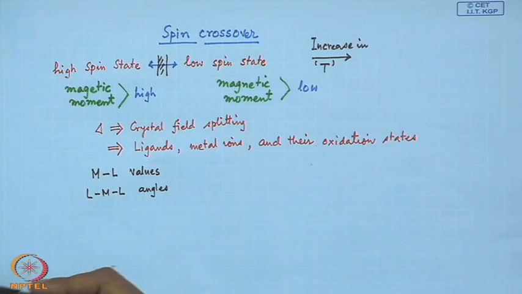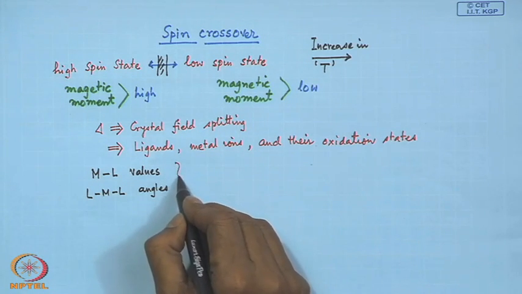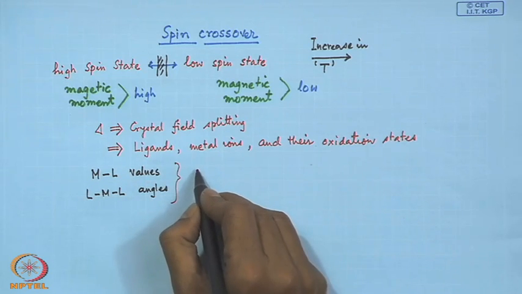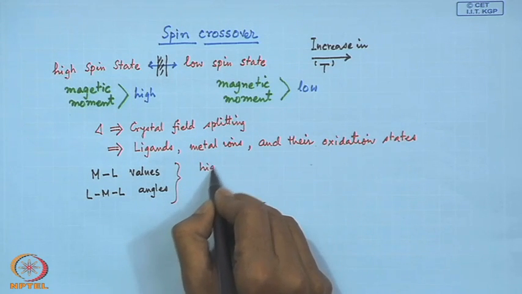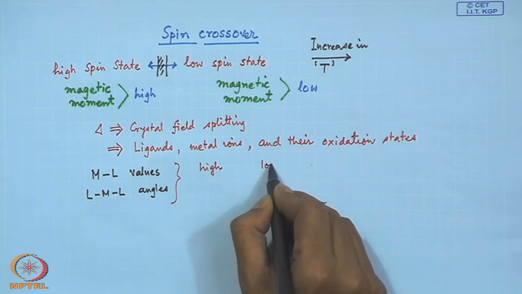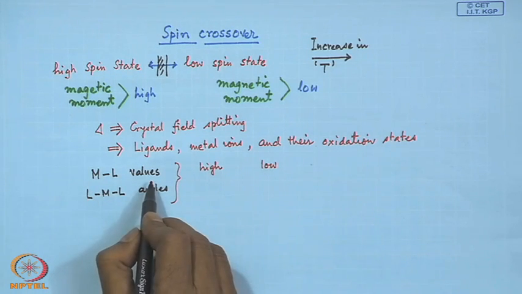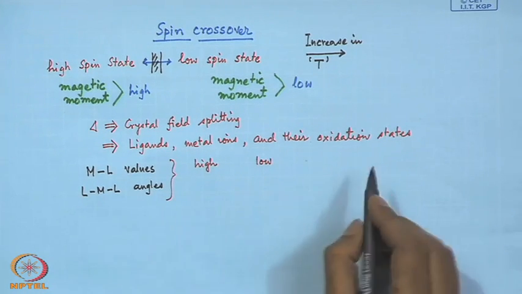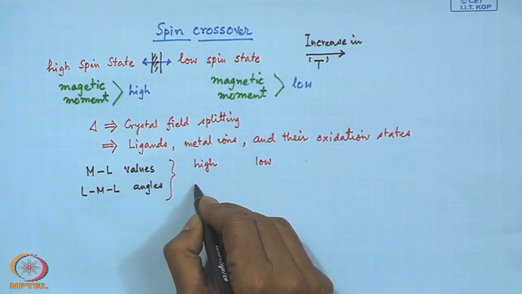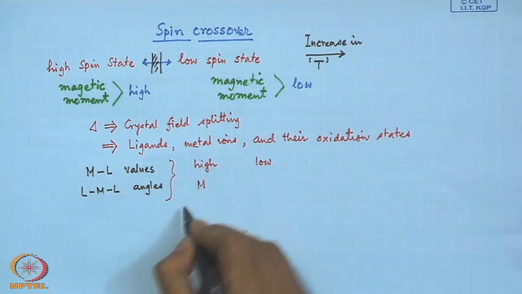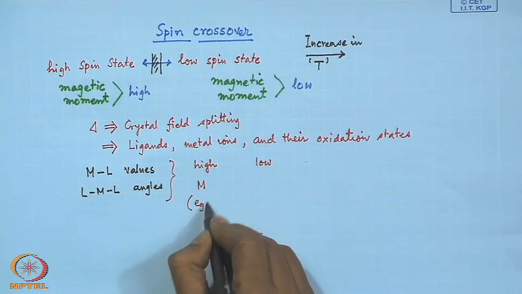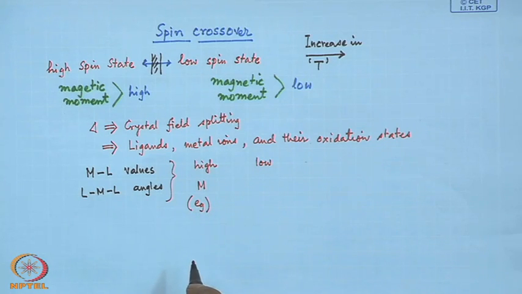from the X-ray crystallographic data, we will see that in some cases these values are high and in some cases they are low. That means, when metal ligand distances are high, definitely we have the corresponding metal center with eg electron configuration.